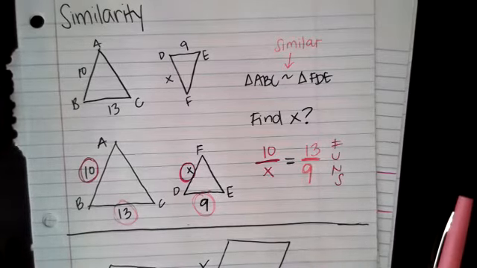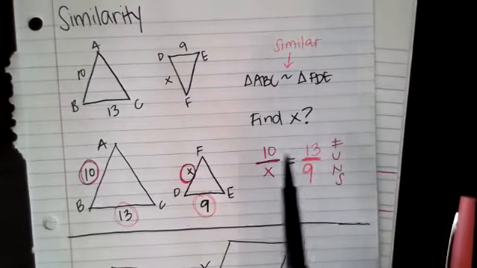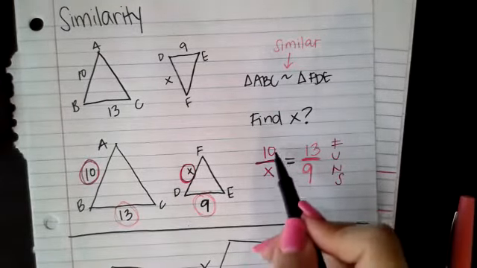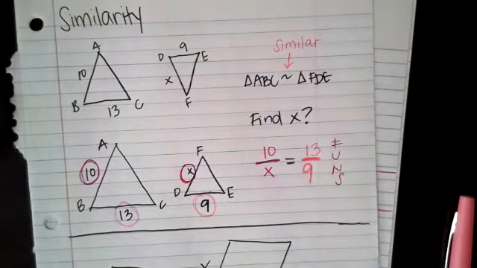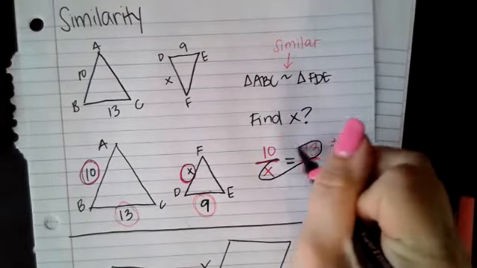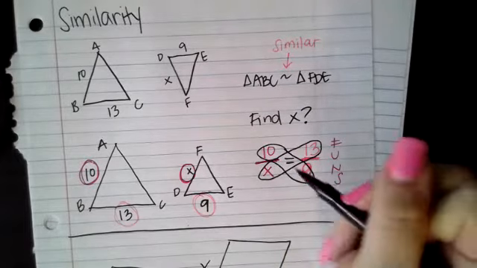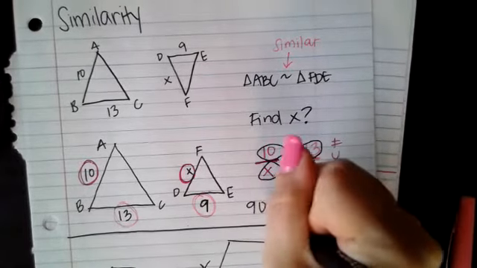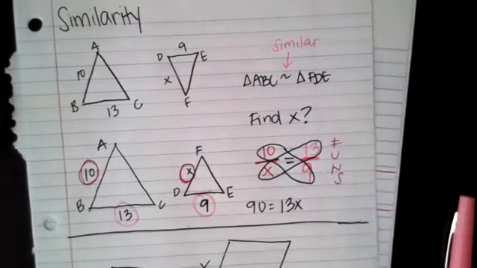And now I could try to look across, use my Crossroads method to see if I can solve. It's not very obvious what I have to multiply 10 by to get 13. Again, it's going to be some sort of decimal. So I'm going to use the cross multiplication method. If I use the cross multiplication method, 9 times 10 is 90. 13 times x is 13x.